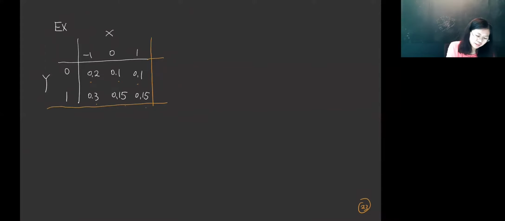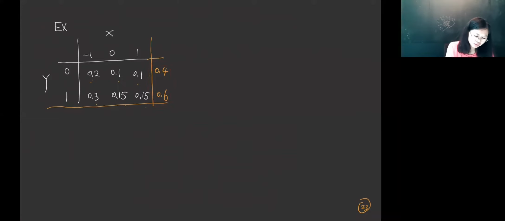We find the marginal distribution of y by adding up the rows. Adding up all the rows, we find that this is 0.4 and this is 0.6. So this is the marginal distribution of y.